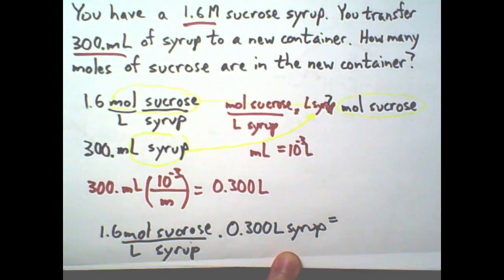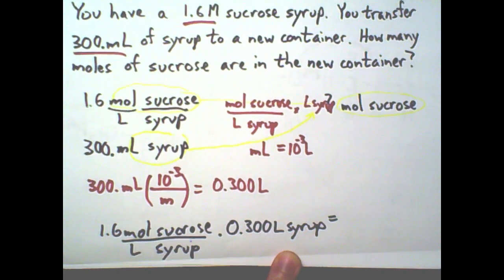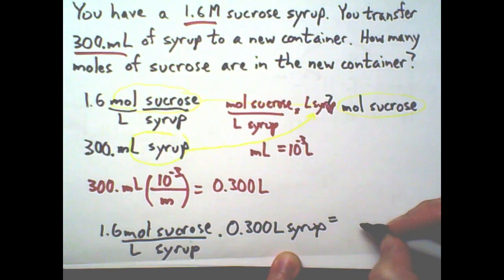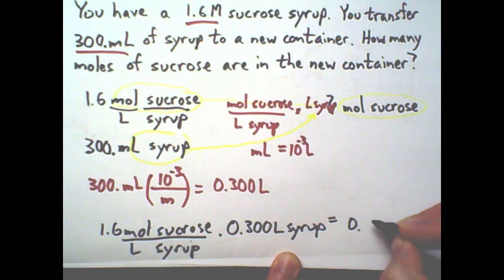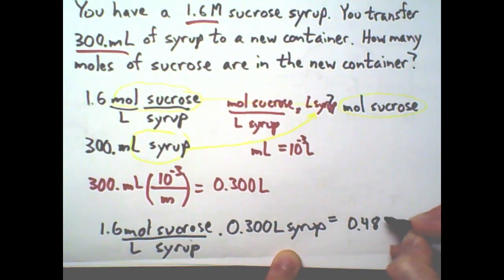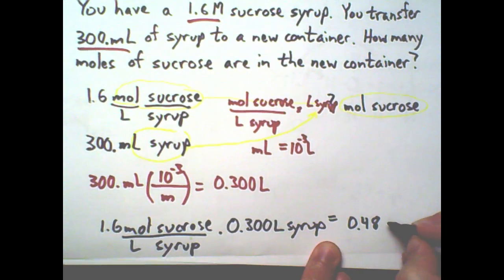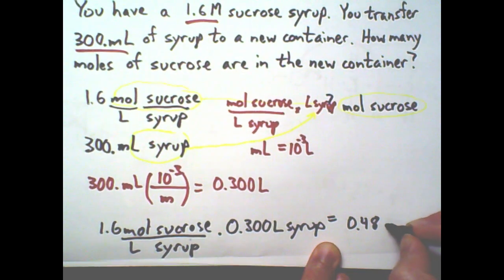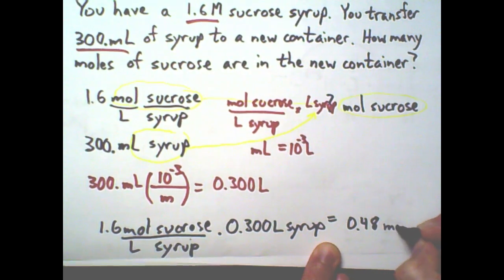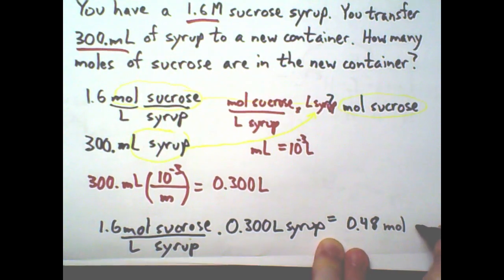You can do this on your calculator. I believe it gives me 0.48, and I keep two significant figures because I have two significant figures there. 0.48 moles sucrose.